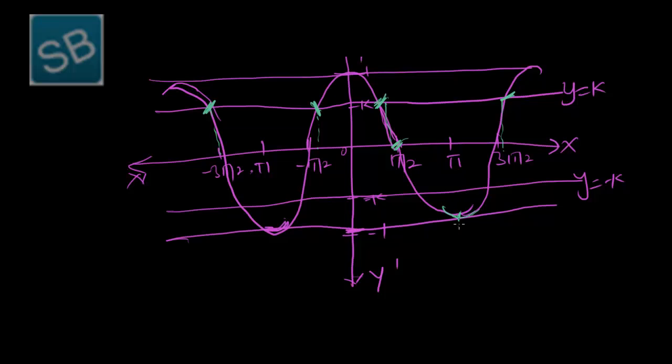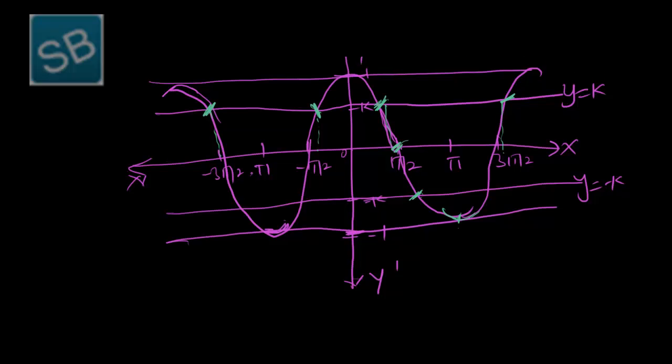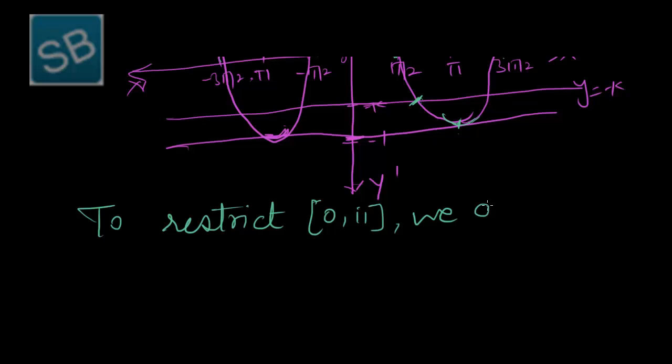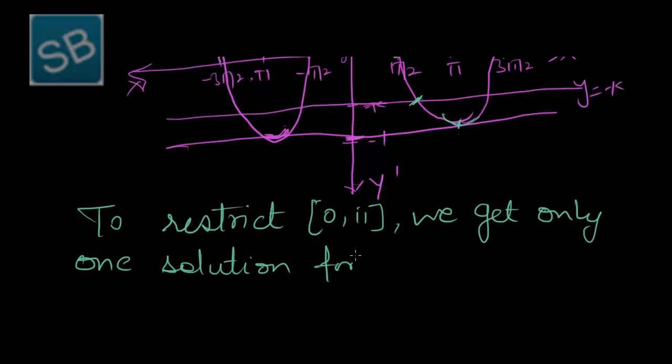We take this point at y is equal to k, this is the solution. So we get only one solution. So by restricting to the closed interval zero to pi, we get only one solution for cos x is equal to a.